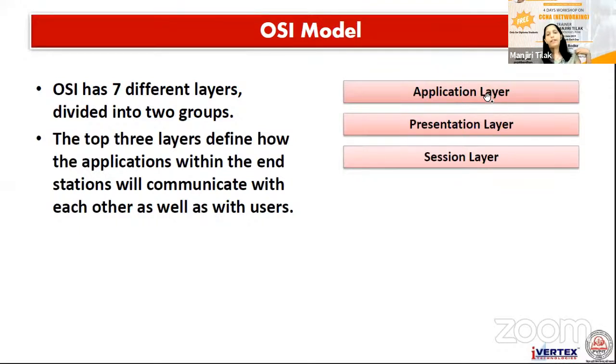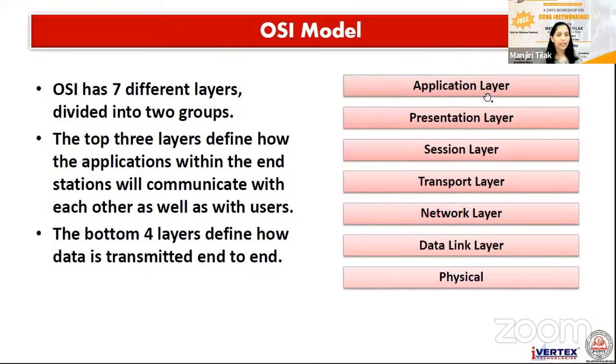Now see, whenever you access any data from the network as an end user, you need some kind of a platform where you can put your request, right? Then the system can process that request and return whatever data you expect, right? So application, presentation, and session layer gives user an interface, you can say, where user can interact with the system and can put the request.